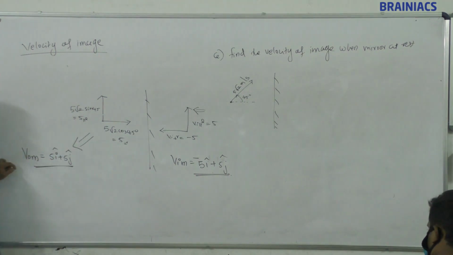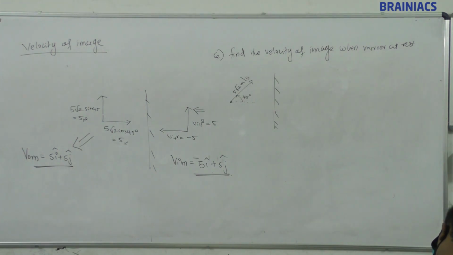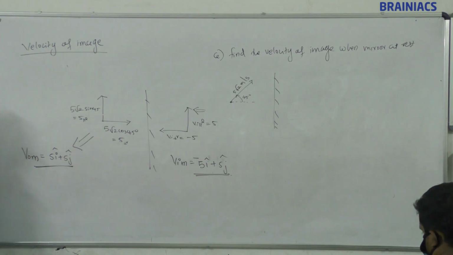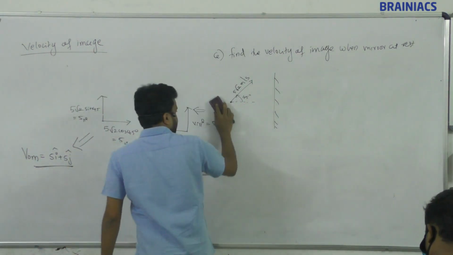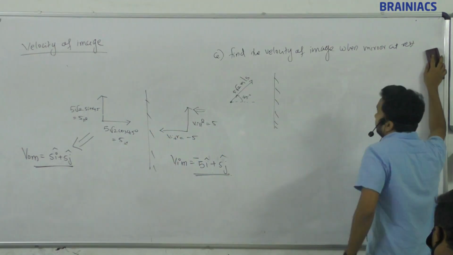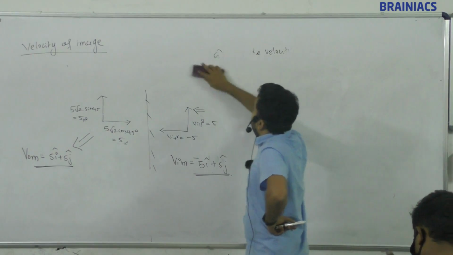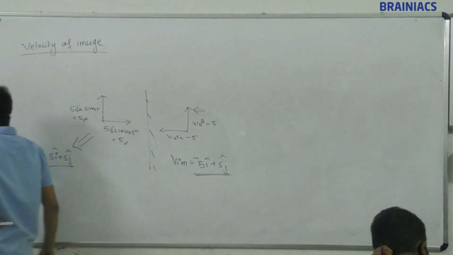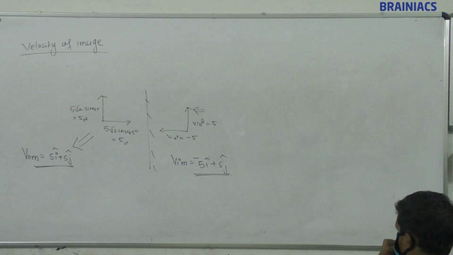Because it is a two-dimensional motion, not a one-dimensional motion. Finish. So this is the image velocity with respect to mirror.